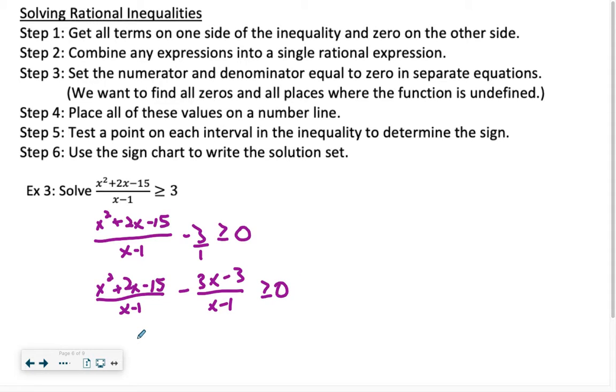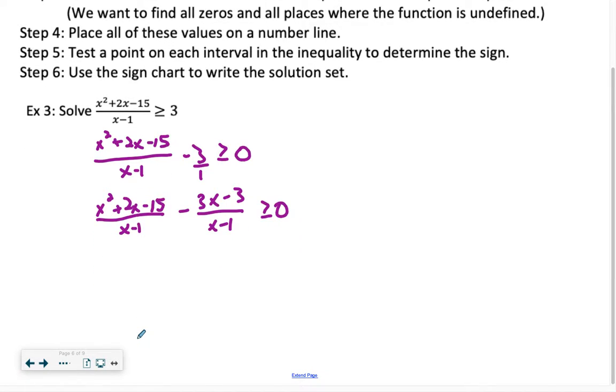And then I can combine my like terms in the numerator. Right? So I would just have x squared, then 2x minus 3x would be minus 1x, and negative 15 minus negative 3 would be negative 15 plus 3, so minus 12 over x minus 1. And then we want to factor anything that we can. Okay?